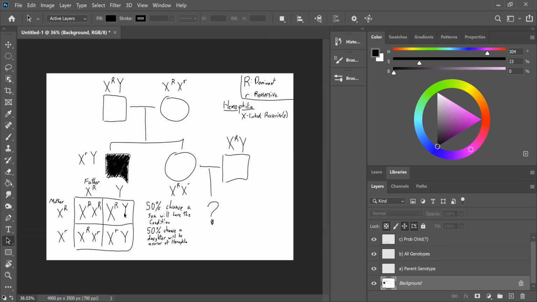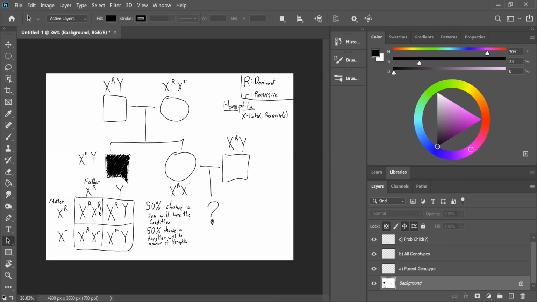If the child is a boy, then Johnny will give him his Y chromosome, and the mother will give one of her two X chromosomes. The probability is represented by area, which I think is the best way to describe it.